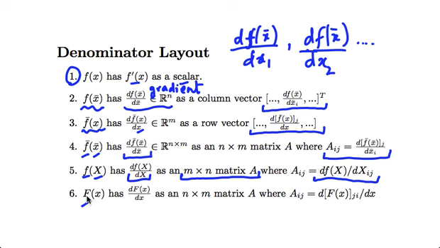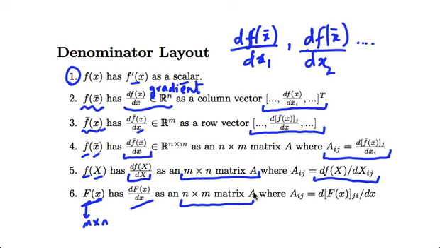The last example is where capital F is a matrix valued function, right? So it takes a real value and outputs a matrix, and in this case it outputs an m cross n matrix. And so in this case, capital F of x by dx is reversed, so it's an n cross m matrix. So it produces an m cross n output, but its derivative is an n cross m output.